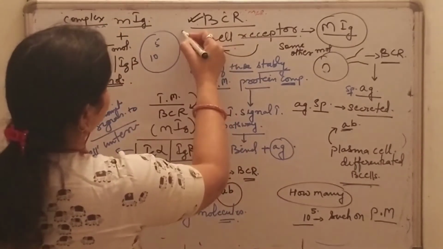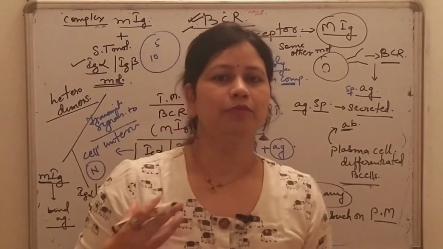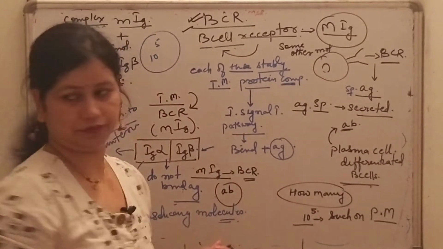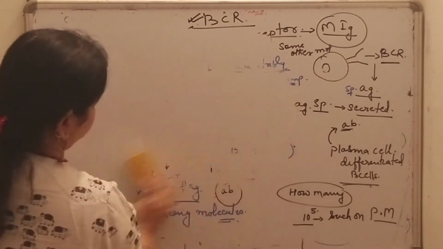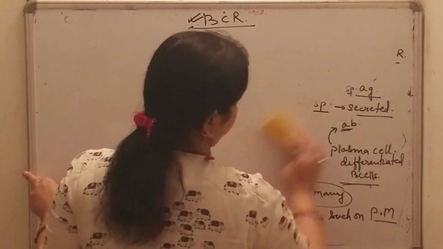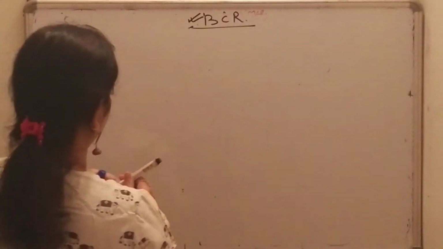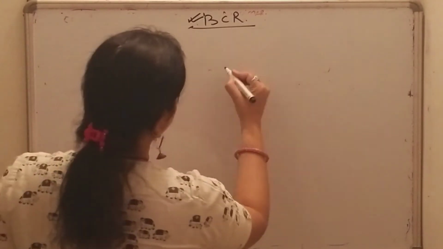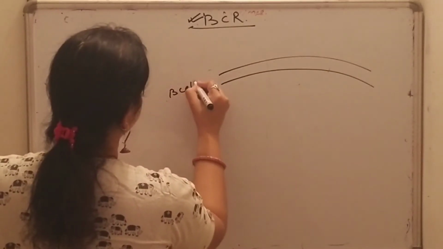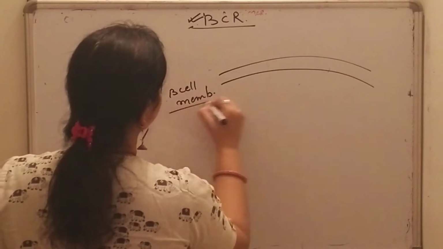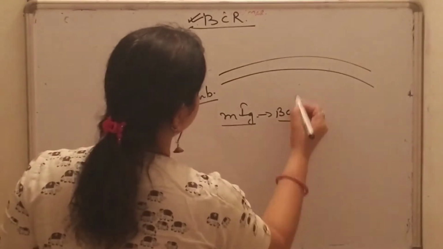Now I will discuss the structure of the B cell receptor and some other molecules which act as the B cell co-receptor. Suppose this is the B cell membrane, then membrane immunoglobulin acts as the BCR, or B cell receptor.